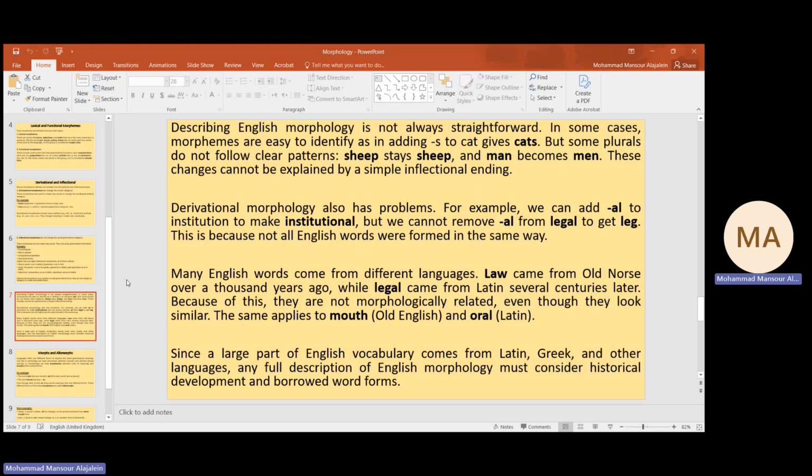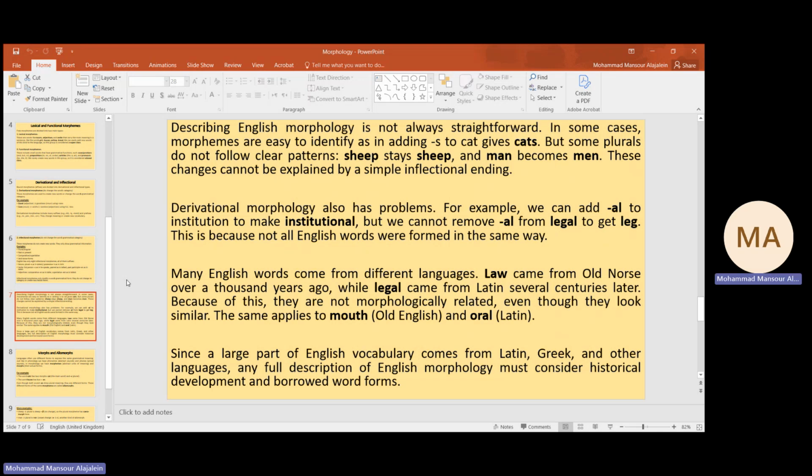And also in derivational morphology, we can add al to institution, for example, to make it institutional. But we cannot remove the al from the word legal to have the word leg, which is a very different meaning. And this is because not all English words were formed in the same way.